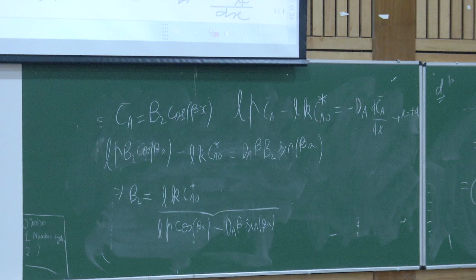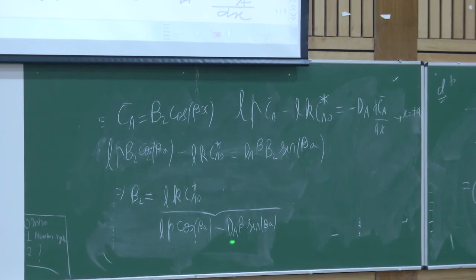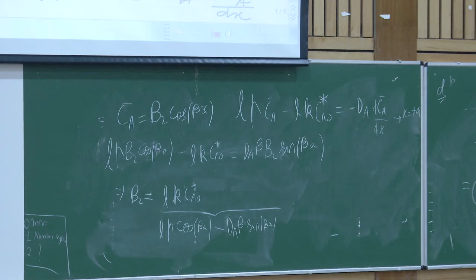So this L K Ca0 star cos Ka or beta A is taken as Fp, and LP cos Ka minus dA K sin Ka is taken as Gp. So you have CA bar as Fp by Gp.